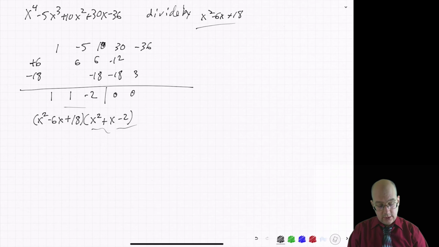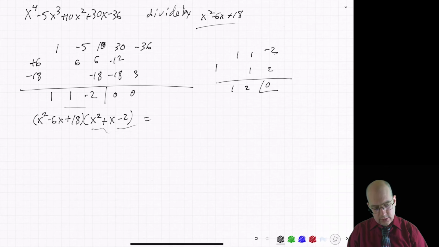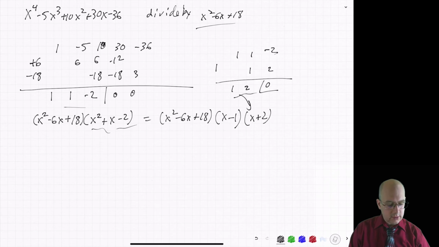I'm just going to say that 1 is a factor of that. And so 1, 1, 2, 2, 0. Boom. So then this is x squared minus 6x plus 18 times x minus 1. And then I've got x plus 2 sitting right here. That's what these two things are.